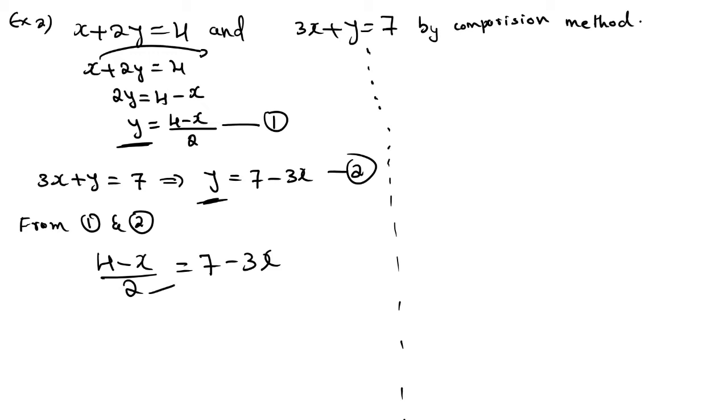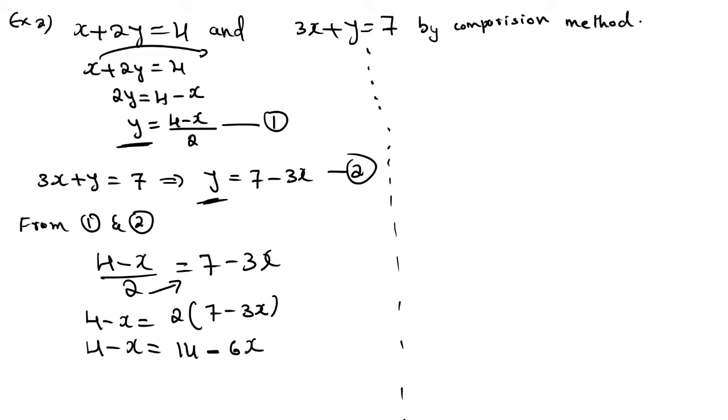In the next step, take 2 to RHS. So 4 minus x equal to 2 into 7 minus 3x. Okay, 4 minus x equal to 2 into 7 is 14, minus 2 threes are 6x. Now simplify according to the question.